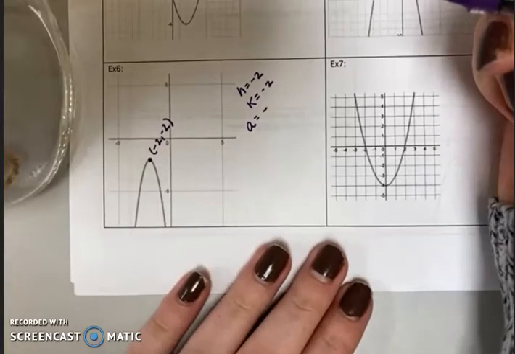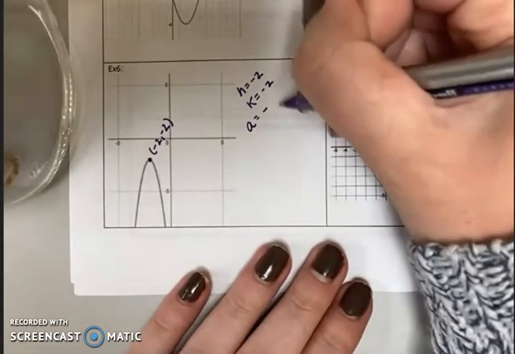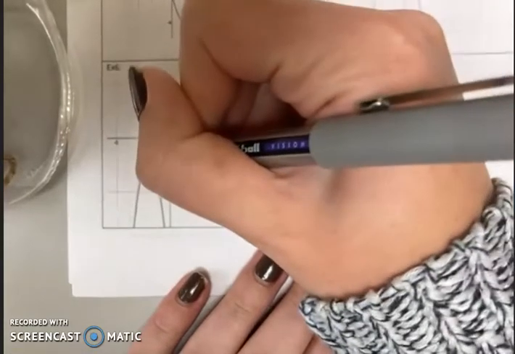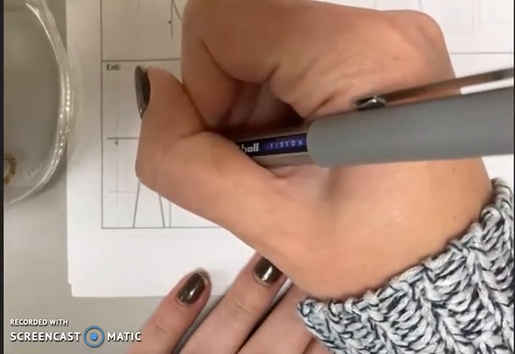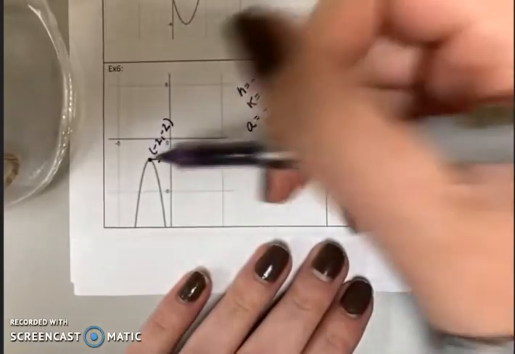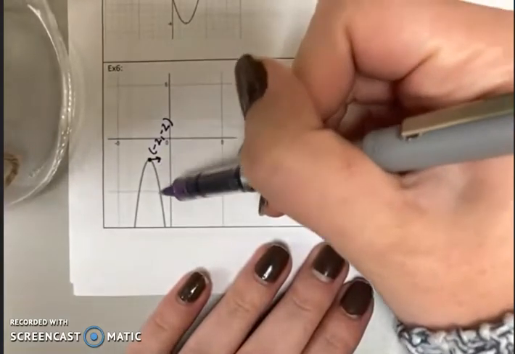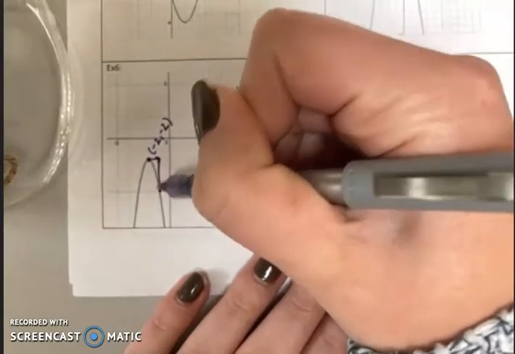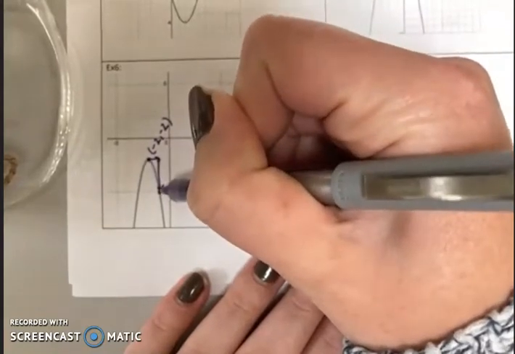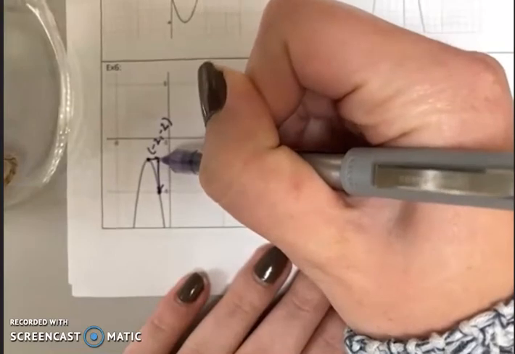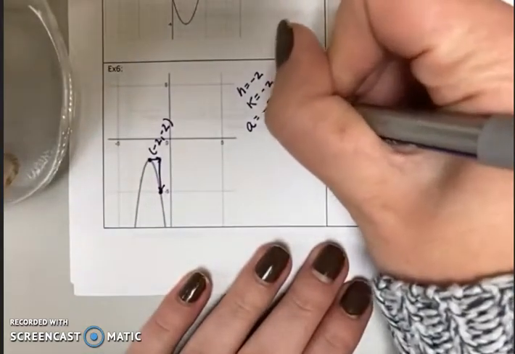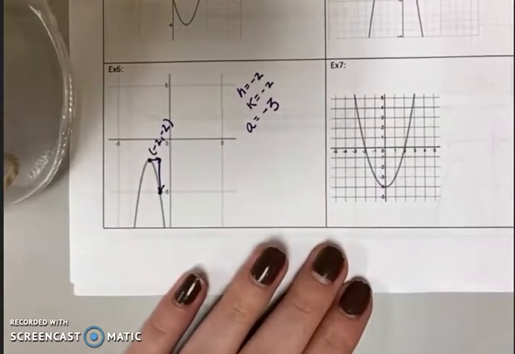In order to determine the exact number value, I need to look at how it's moving. Remember, we want to look either left or right 1 unit. I'm going to move right 1 unit and see how it moves. So it seems like it moves from one point to the next, right 1, down 3, meaning that a is going to be a -3.